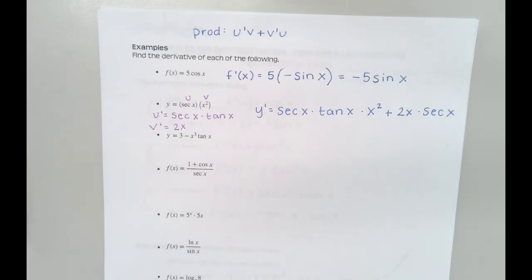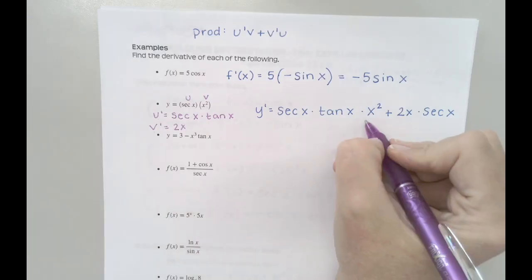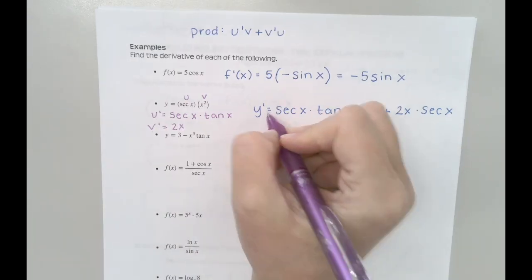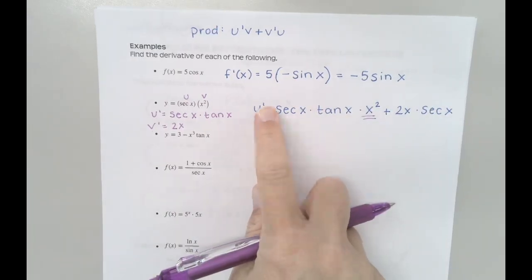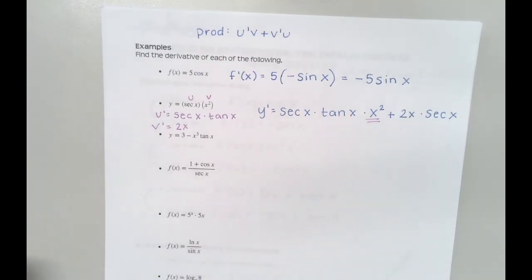And that's it. That's my answer. I mean, there's maybe some things we could do to clean it up a little. You probably would normally see this x squared out in front just because usually powers of x go in front of anything else that you've got there, but not the end of the world to leave it this way. This looks great.